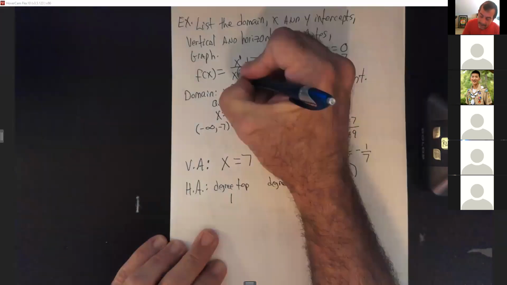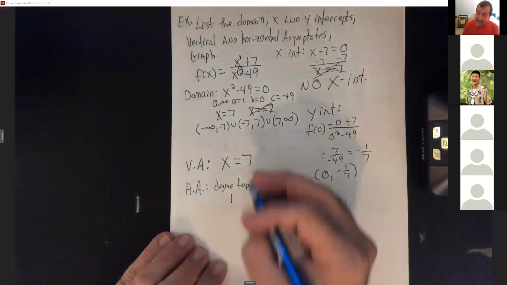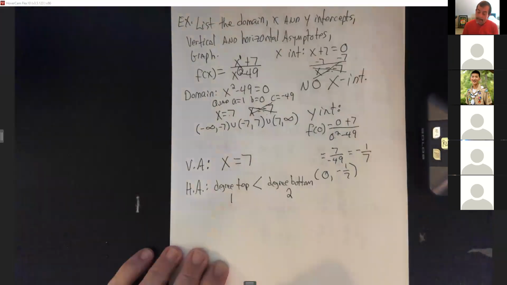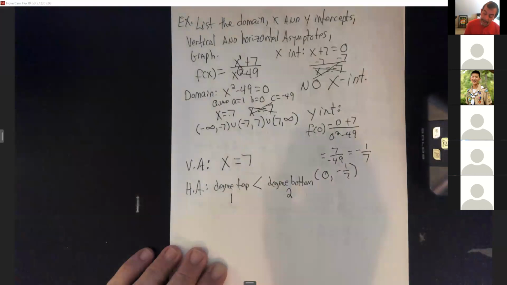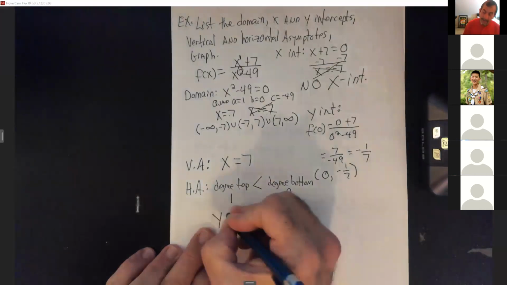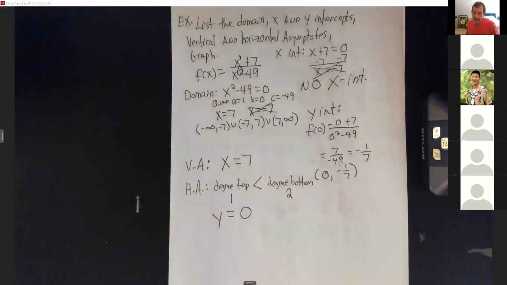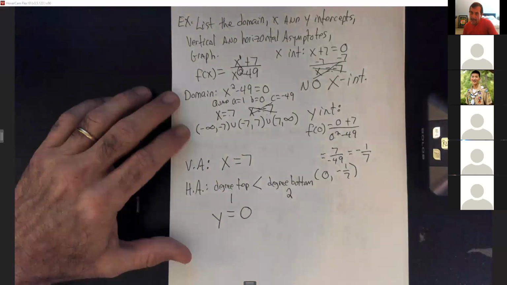This time the top is less than the bottom. Anytime the bottom is bigger than the top, it's y equals 0. Alrighty, so we should have enough to get an idea of this graph. Now remember, I might have to find another function value or two just to tell me if something's positive or not, but we'll see.